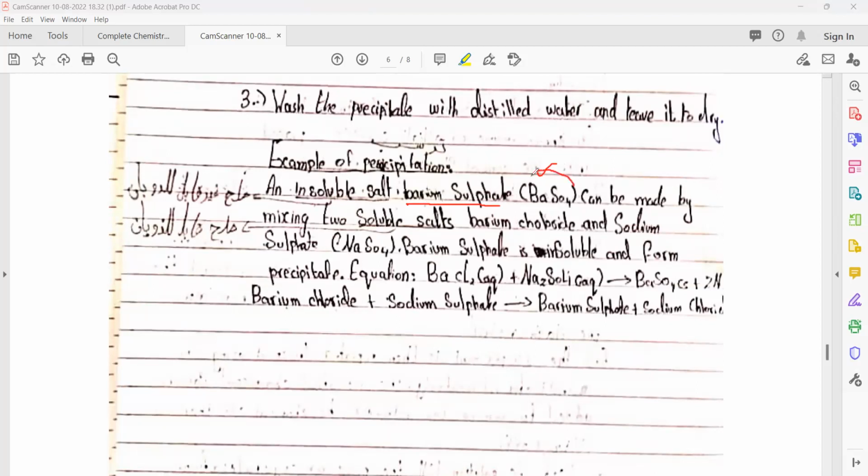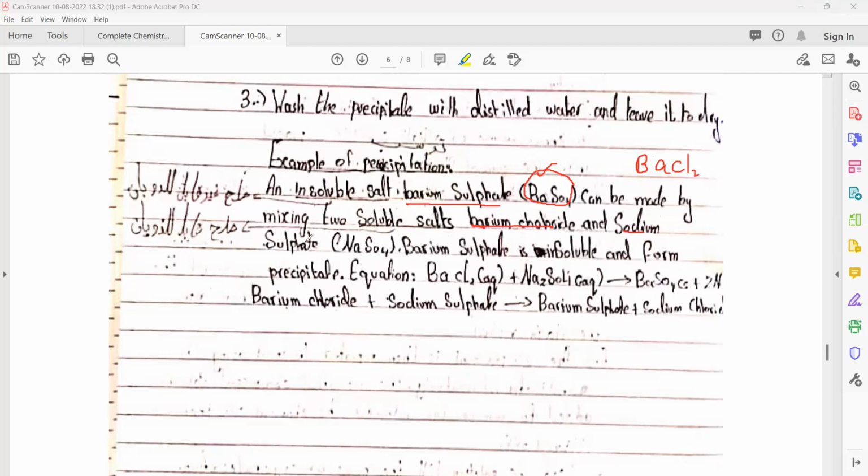This salt, how do you get it? It tells you when you mix the salts, that one is barium chloride, BaCl2, and second sodium sulfate.